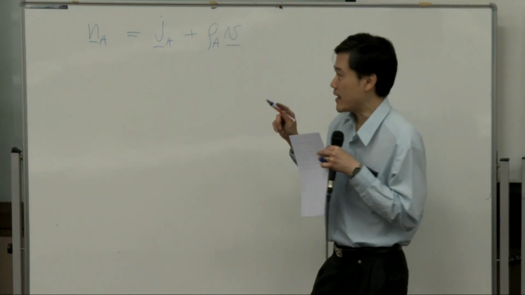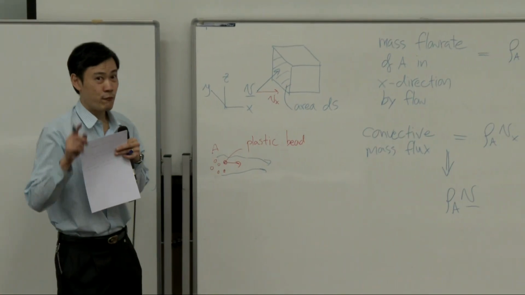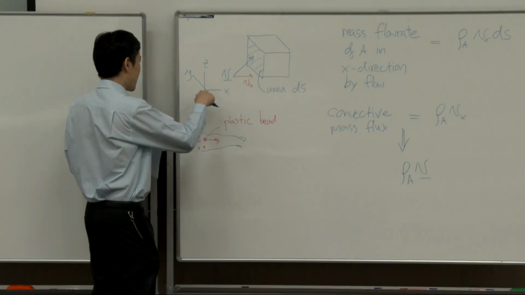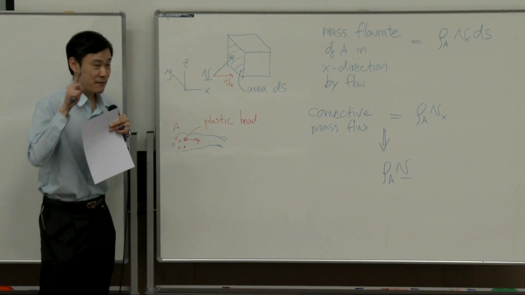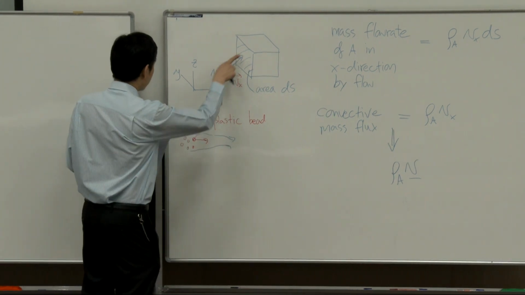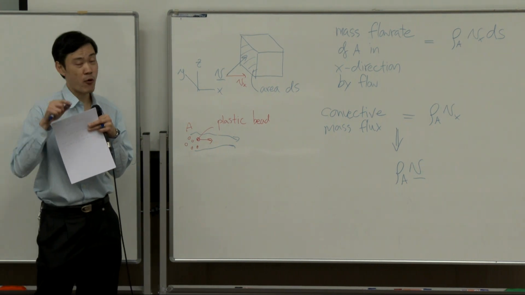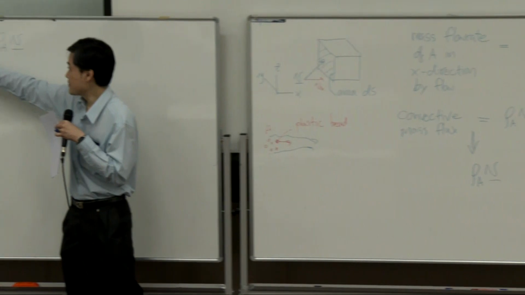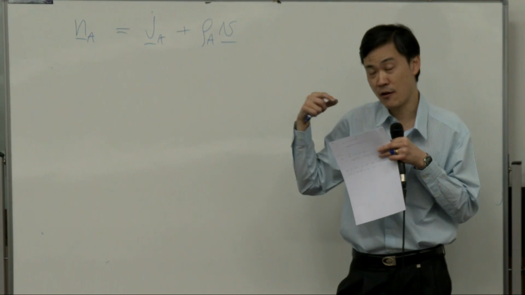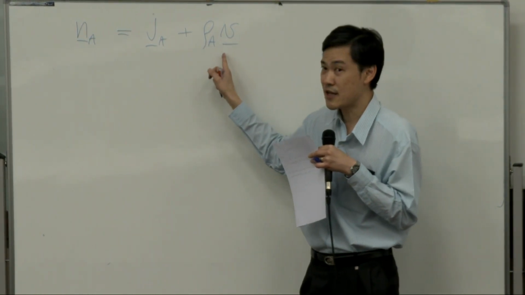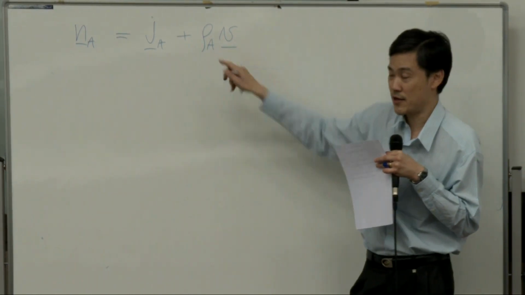One thing that you have to realize, this convective transport flux, rho AV, we explain this one with respect to this axis. So the box is fixed. If the box is fixed, that means this velocity component is considered with respect to a stationary point. Unlike this molecular flux, which is considered relative to the flow of the whole population, this one is considered with respect to the stationary point.